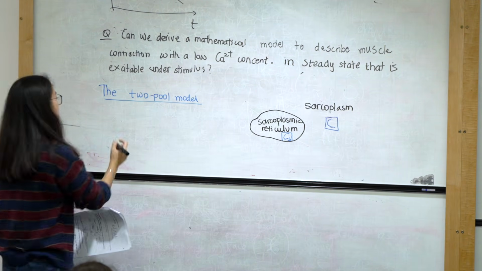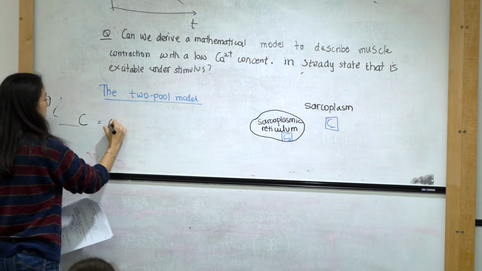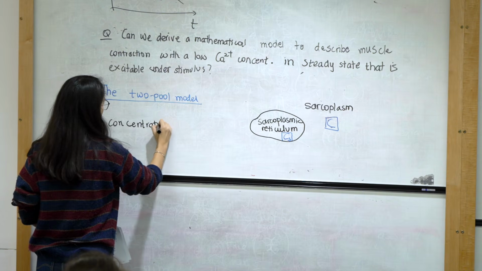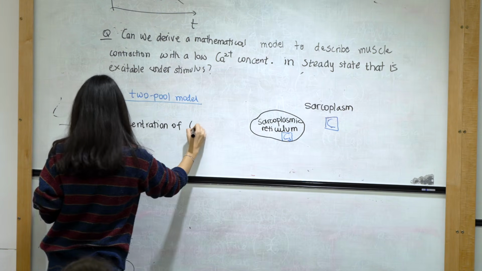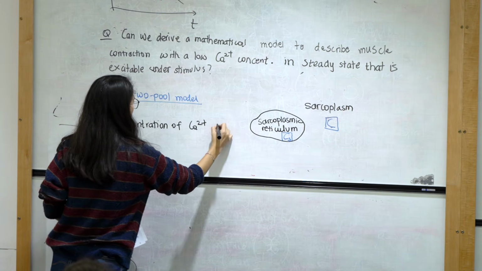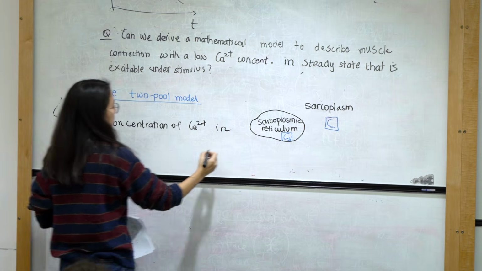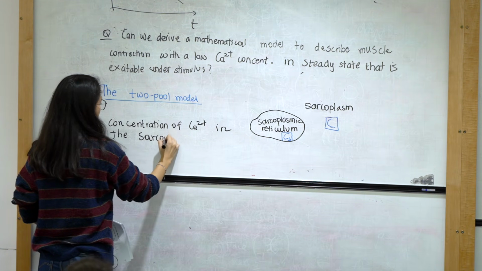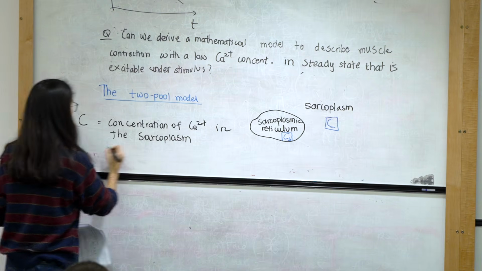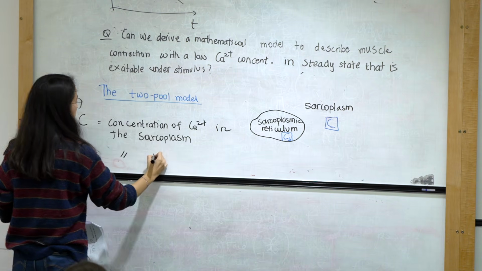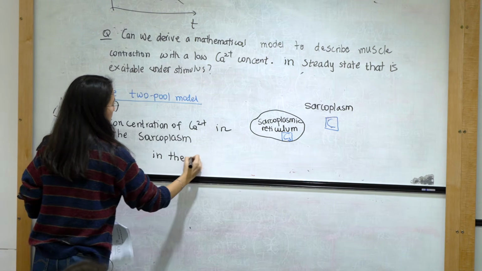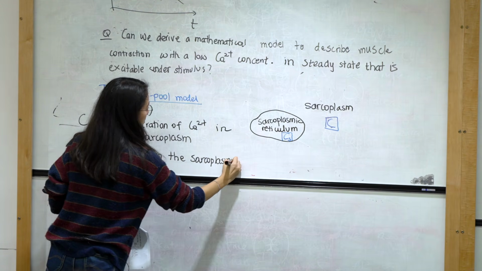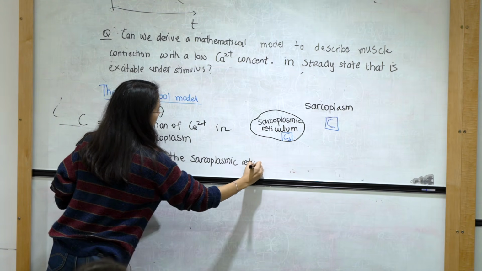So C here is the concentration of calcium in the sarcoplasm, and CS is the same but in the sarcoplasmic reticulum instead.